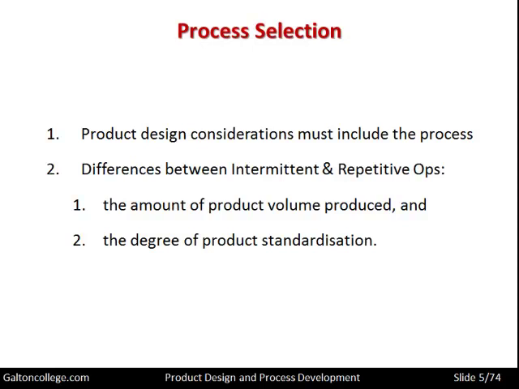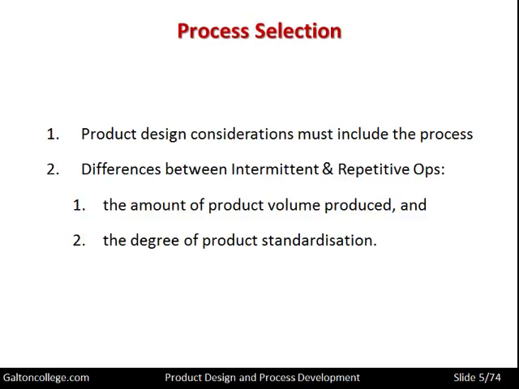So the operations really go with the products. If the products are intermittent in demand, they tend to have intermittent processes which are brought into play to produce the product, which has a demand that crops up every once in a while.